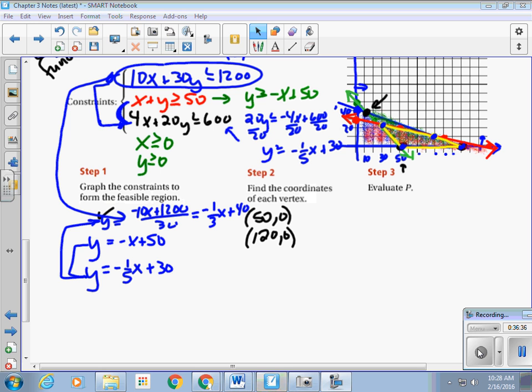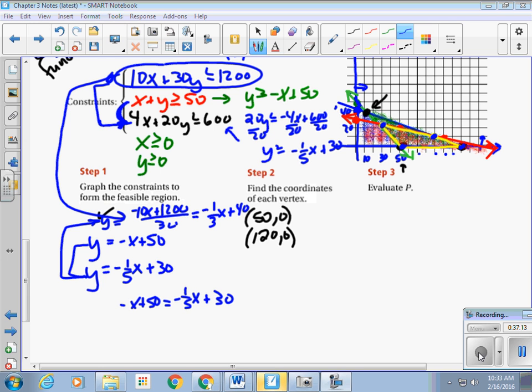So the algebra behind our vertices is we want to see where negative x plus 50, this green line, is equal to our red line that we drew, which is negative 1/5 x plus 30.